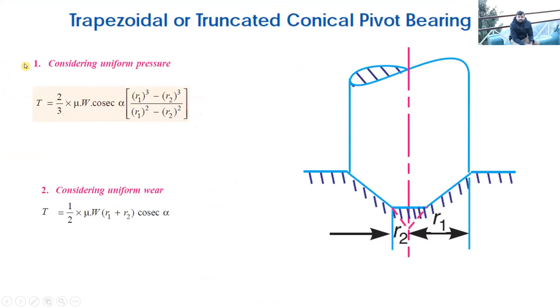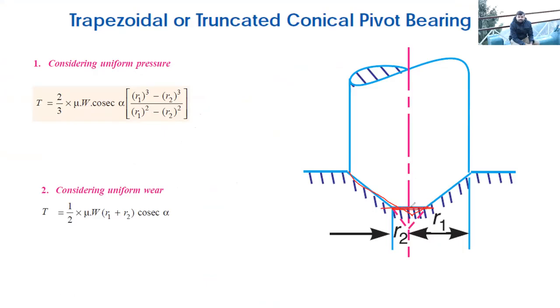Before going to next numerical, let's just see this trapezoidal or truncated conical pivot bearing. So what is the difference? It is very similar to conical pivot bearing. The only difference is this cone, this shaft is not made pointed as we saw in the conical pivot bearing, but it is stubbed from the top.